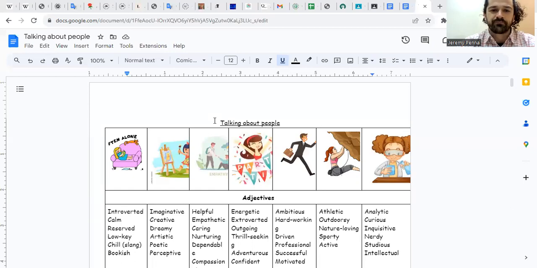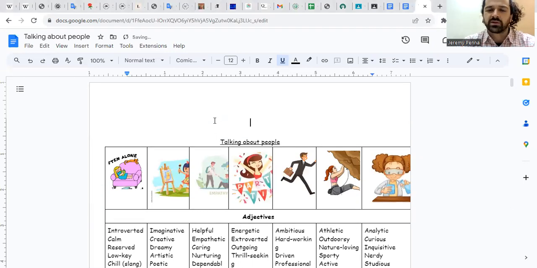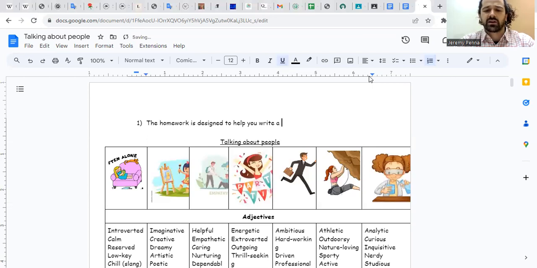The purpose of this homework really is four things. Number one, the homework is designed to help you write a personal narrative.